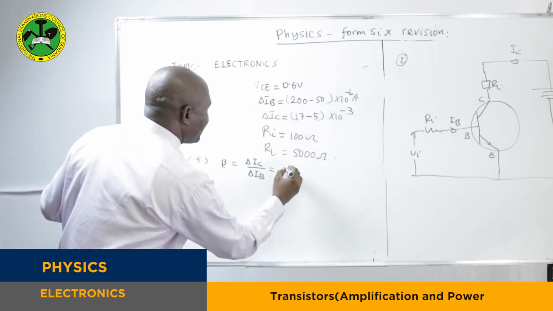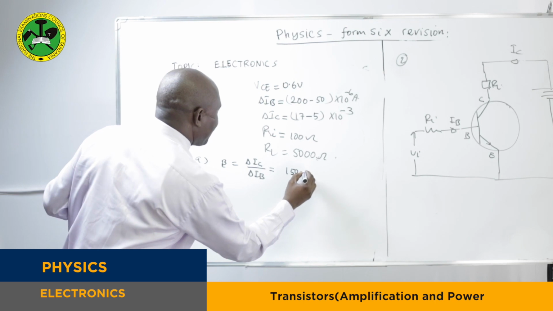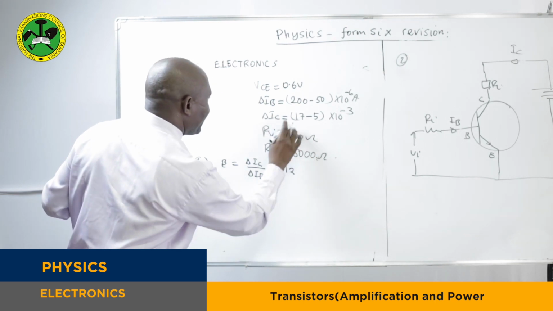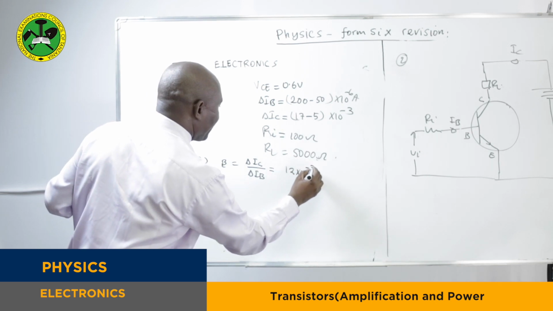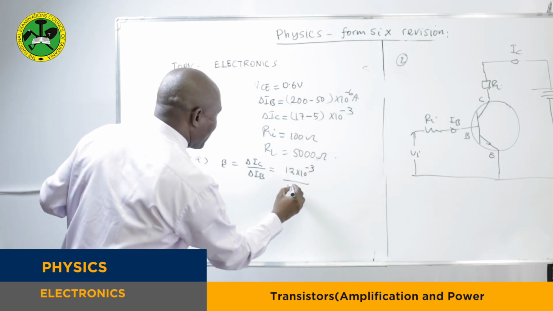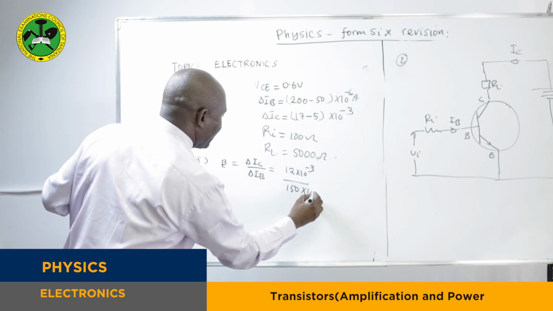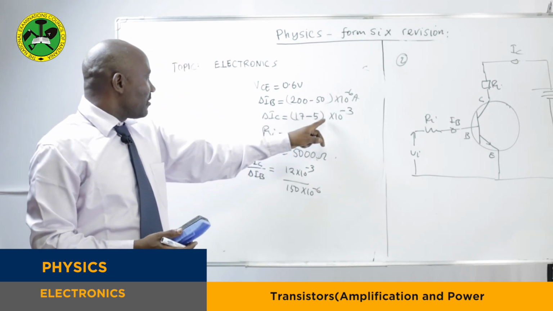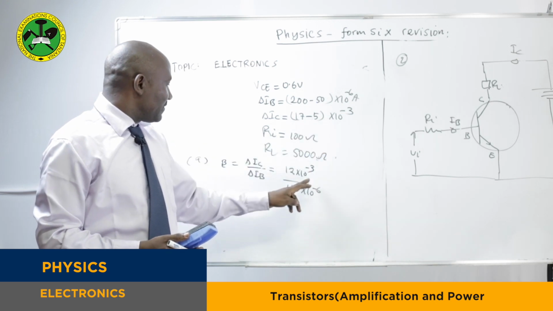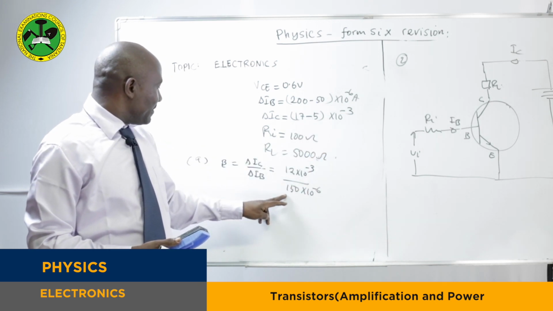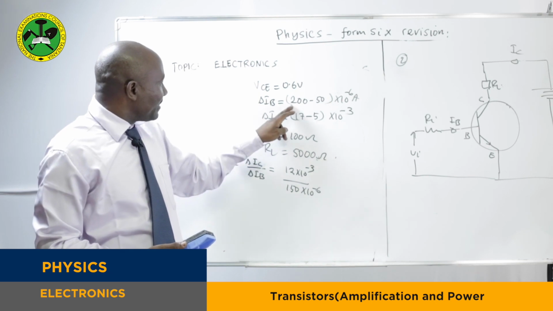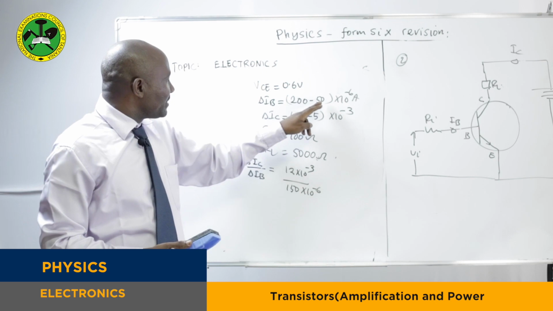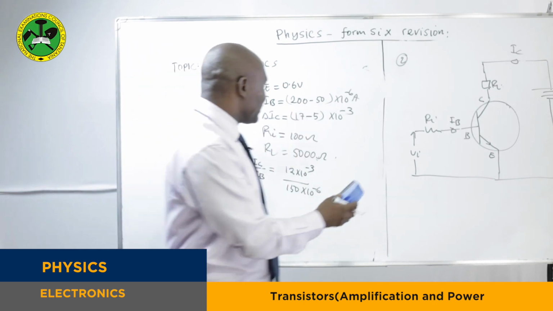The collector change difference is giving us 12, times 10 negative 3. And the base change in current is given by 200 minus 50, which is 150 times 10 negative 6.